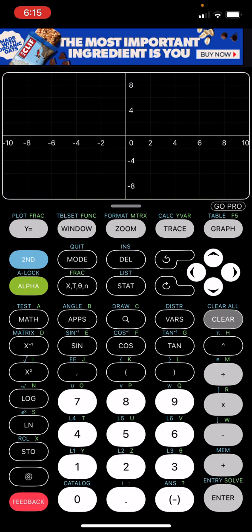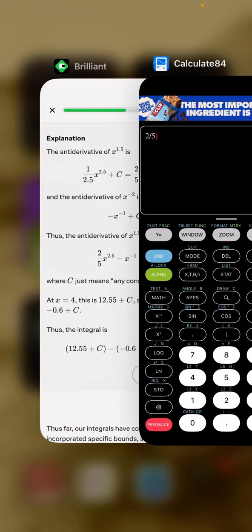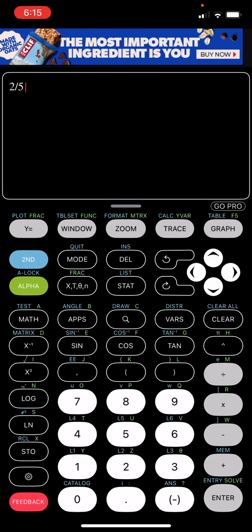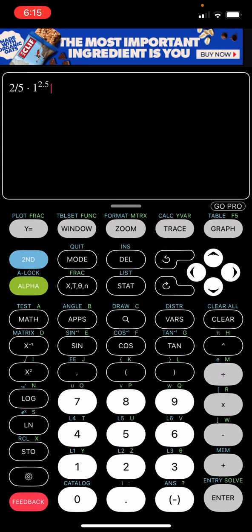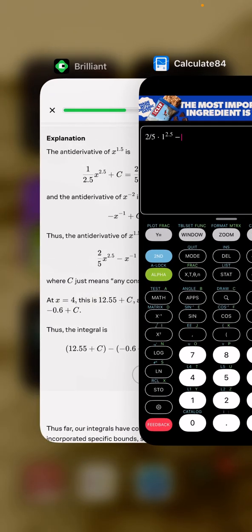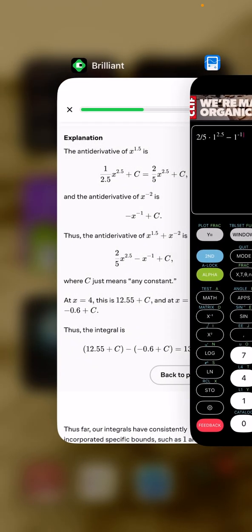Oh, sorry. So 2 divided by 5 times 1 to the 2.5 power, minus 1 to the negative 1.